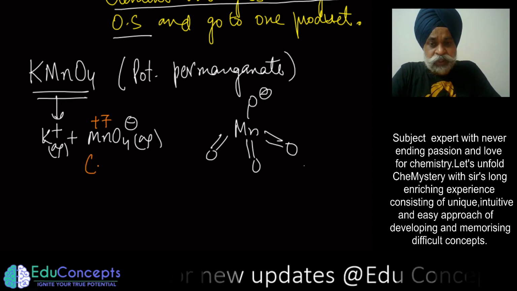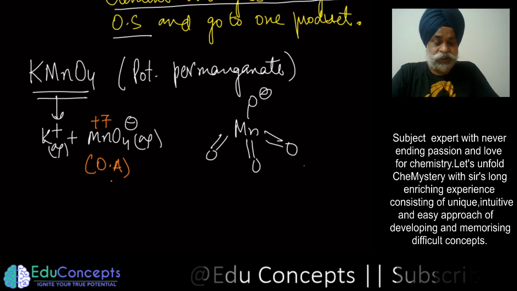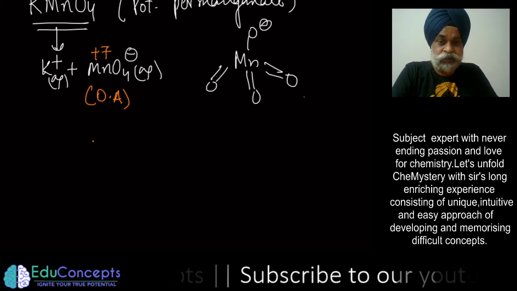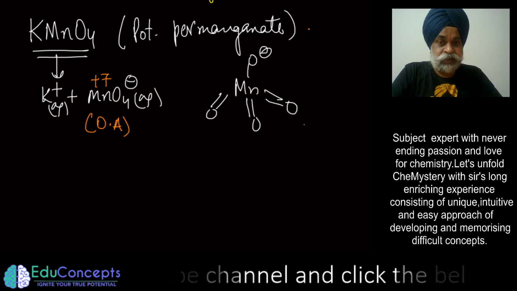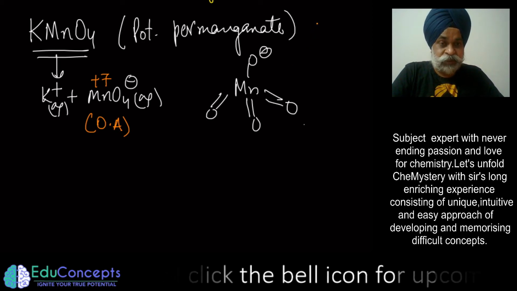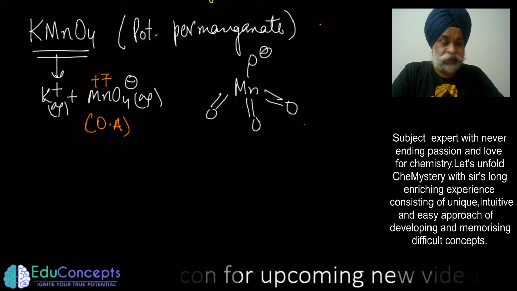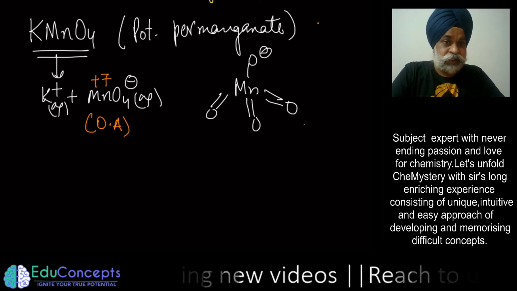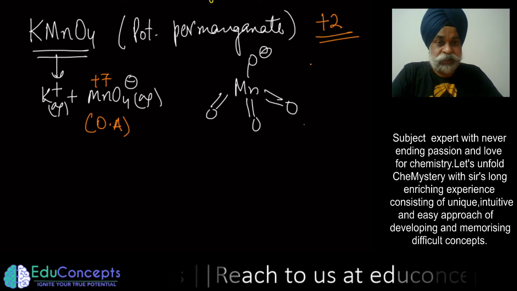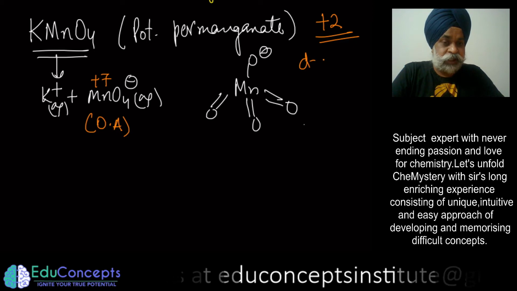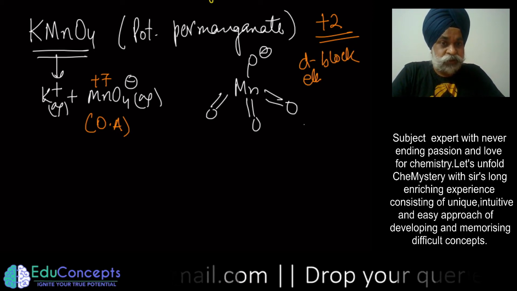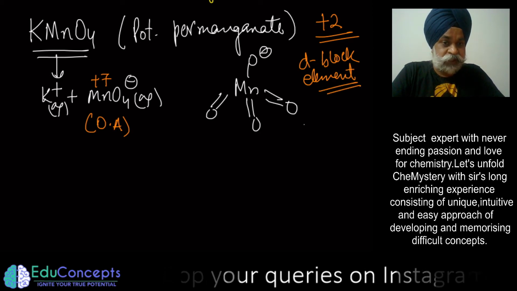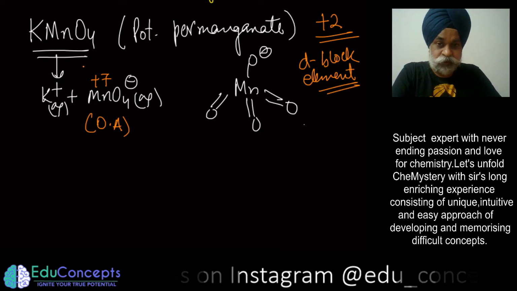So it is quite a good oxidizing agent. Firstly, whatever compounds I pick first are quite important, wherever I'm circling them, because this is part of the +2 syllabus, and you would see this in transition elements or d block elements. Very soon you would be getting an exclusive video on the topic of KMnO4.